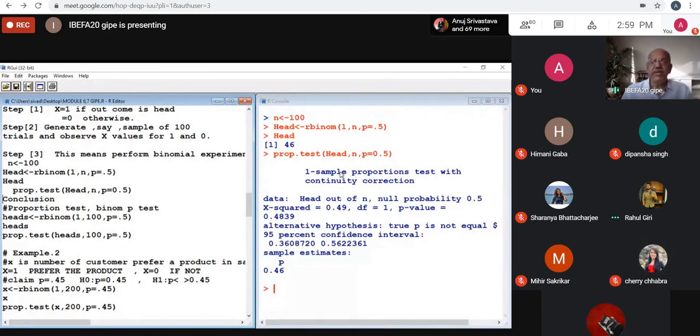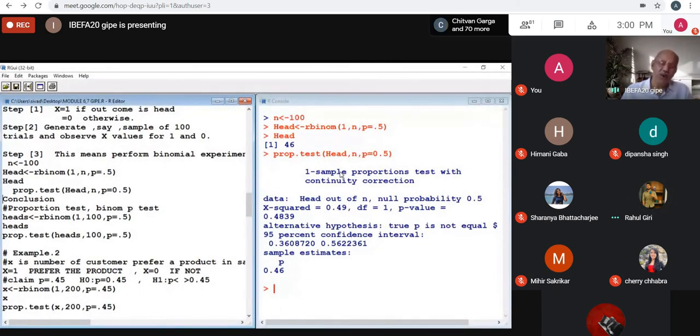The p-value is 0.839, which is greater than the level of significance 0.05 by default. Sir, how do we get the standard deviation in a proportion test? Standard deviation is the root of npq. n is 100, p will be 0.5, q will be 0.5.